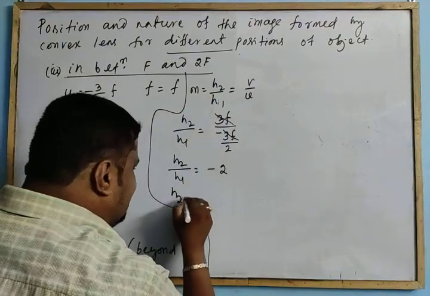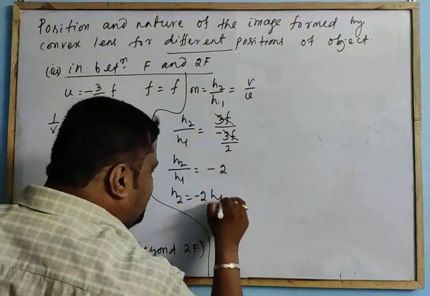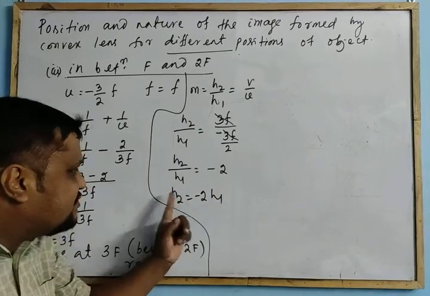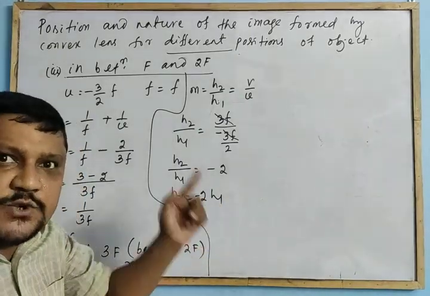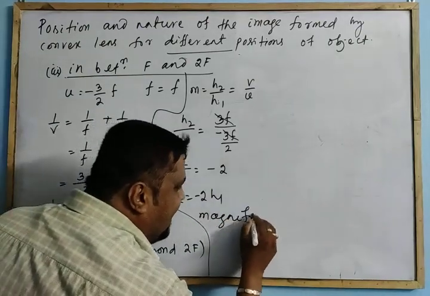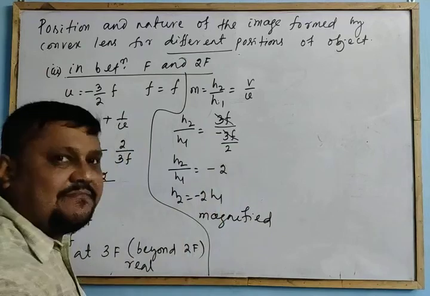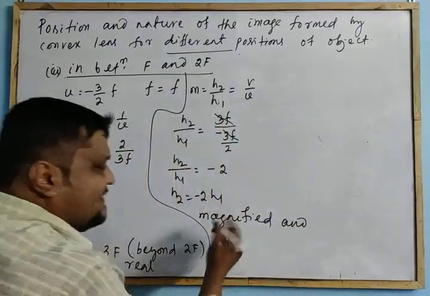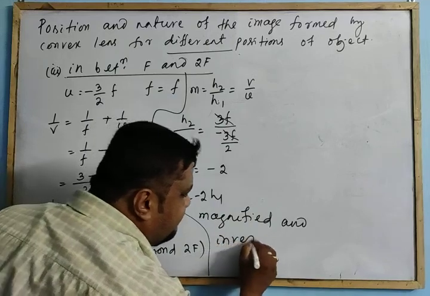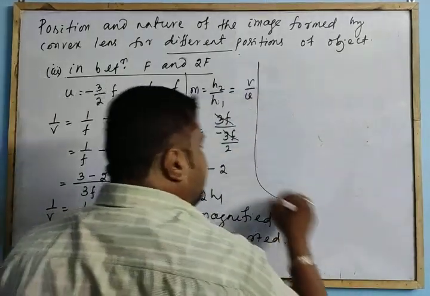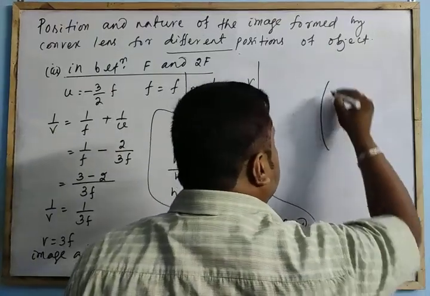So h2 is equal to minus 2h1. One is plus, the other is minus 2h1. h1 is plus means h2 is negative. Minus 2 times. So it is magnified. How many times magnified? 2 times magnified. And plus minus means inverted. So we can find the ray diagram like this.